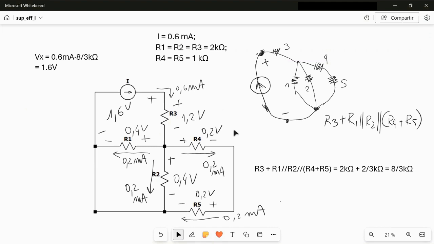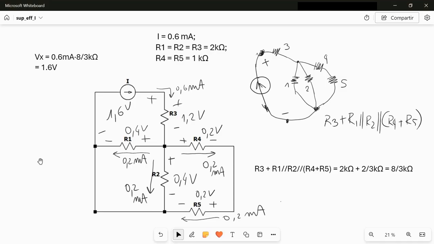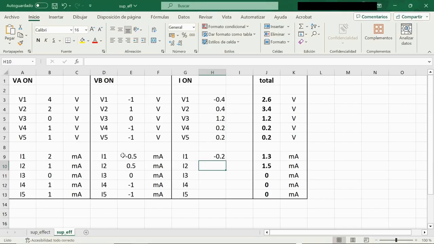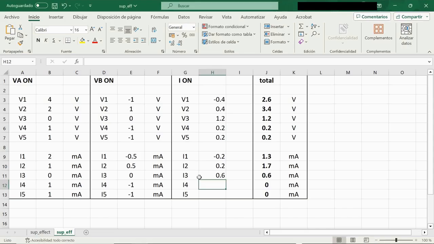For the currents, we have I1, which is minus 0.2 milliampere. I2 is 0.2, I3 is 0.6 milliampere, and I4 and I5 are both 0.2 milliampere.